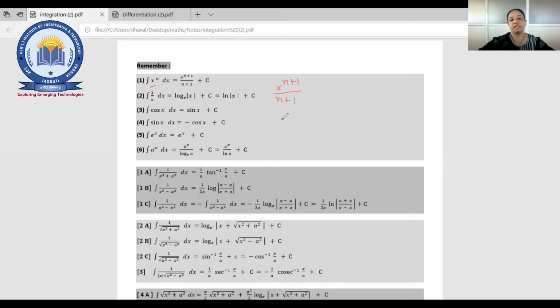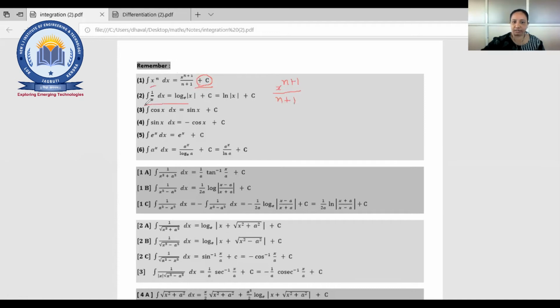So whatever you apply in chain rule should be in the denominator, and in differentiation it should be in multiplication. So that is the main difference. Now the other thing is you have to write the constant plus c compulsorily, right? So the integration of x raised to n is x raised to n plus 1 upon n plus 1 plus c.